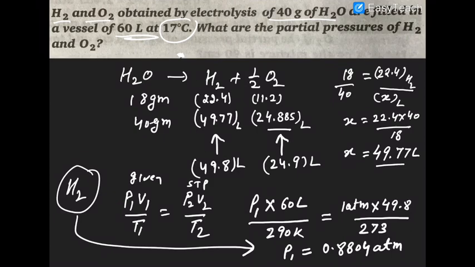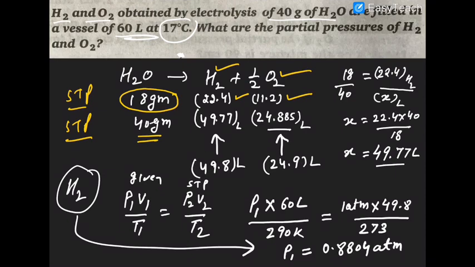Are you sure about that? I'm repeating once more that hydrogen and oxygen both are produced from the decomposition of water. If 18 gram of water decomposes, it will give you 22.4 liter of hydrogen and 11.2 liter of oxygen according to the STP condition. So under STP condition, 44 gram will give you 49.7 and 24.9 liter of this.